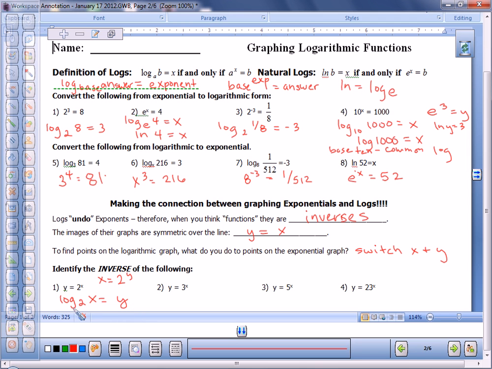So if we start out with an exponential function, and we want to find its inverse, we switch the x and y and solve for y. Well, when we do that, we're solving for an exponent, and to solve for an exponent, you have to use a logarithm.